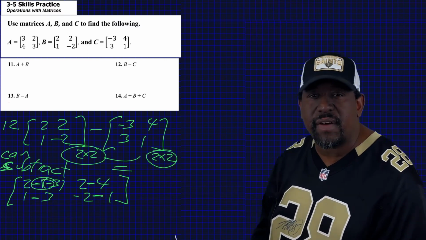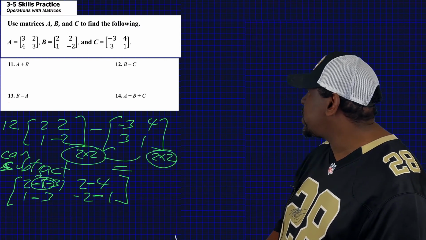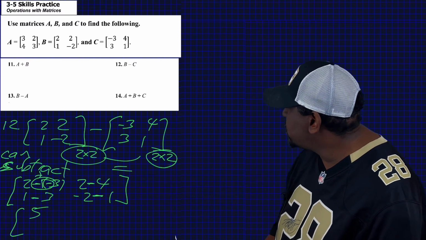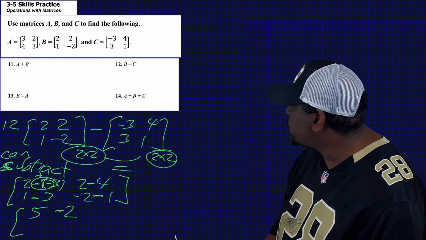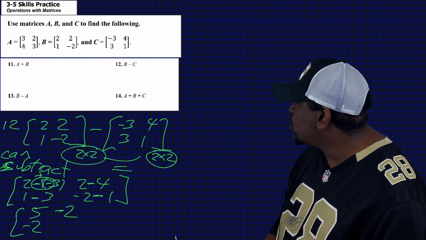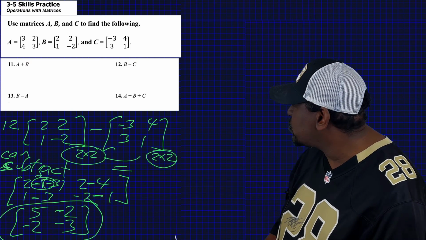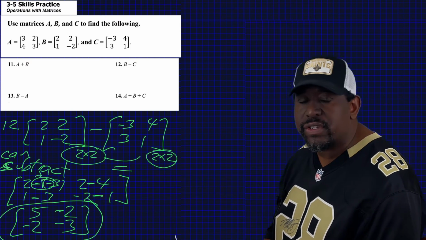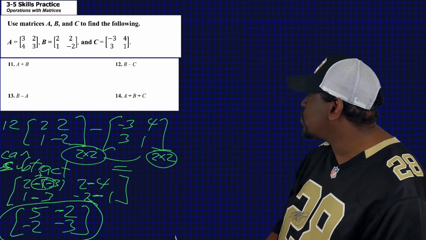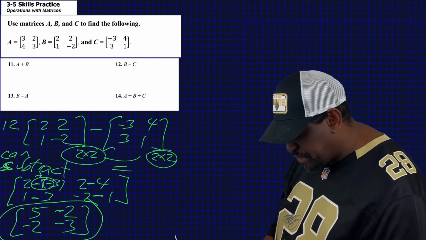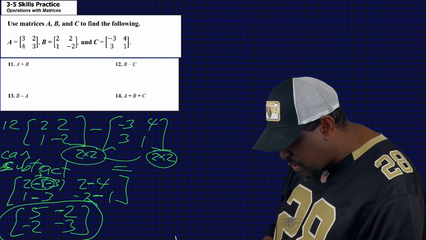And once we simplify that, we'll have our final answer for B minus C. Negative 1 times negative 3 is positive 3. 2 plus 3 is 5. 2 minus 4 is negative 2. 1 minus 3 is negative 2. Negative 2 minus 1 is negative 3. So our final matrix is 5, negative 2 in the first row, negative 2, negative 3 in the second row. So we're done with that one.